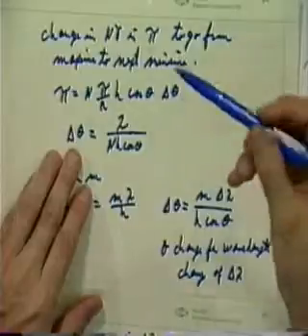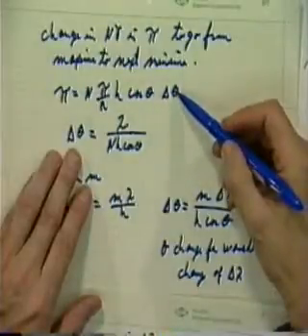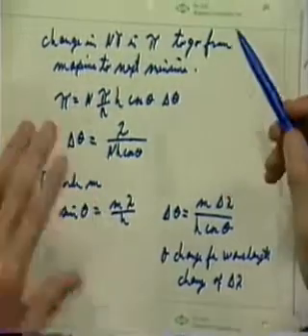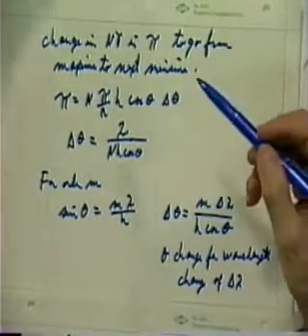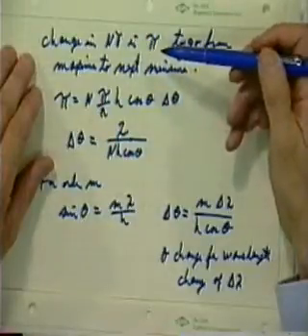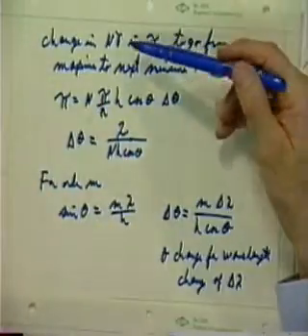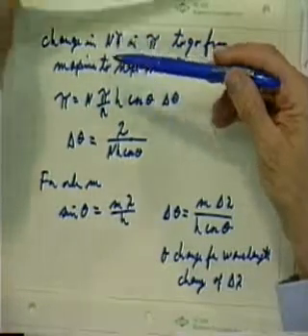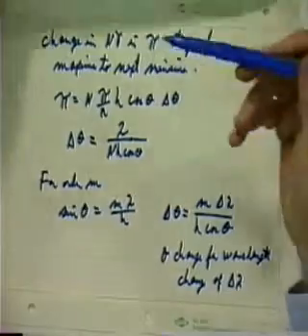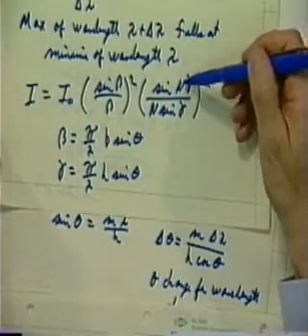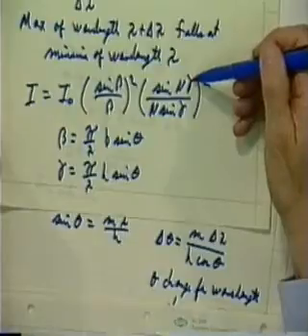This is the change in theta such that we go from a maxima to a minima, and we want the change in n gamma to be pi. This will go from a maxima to a minima when n gamma changes by pi.